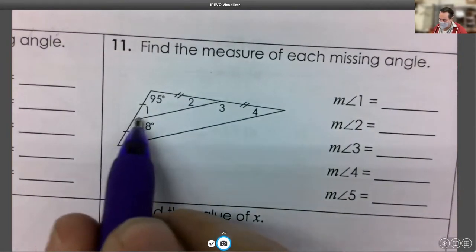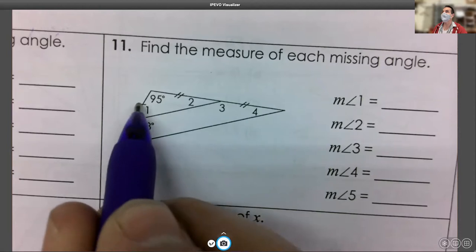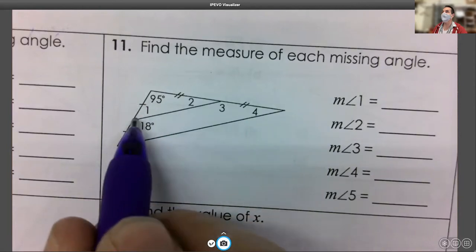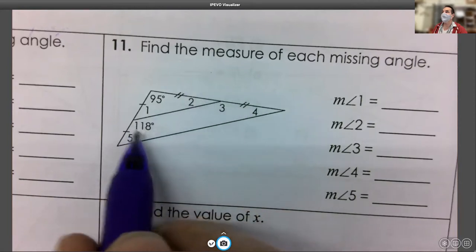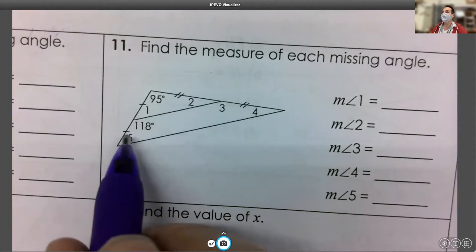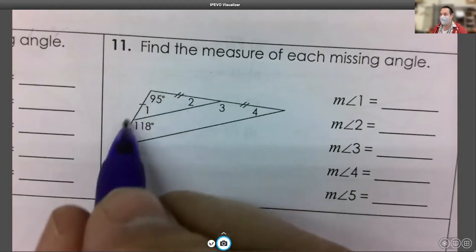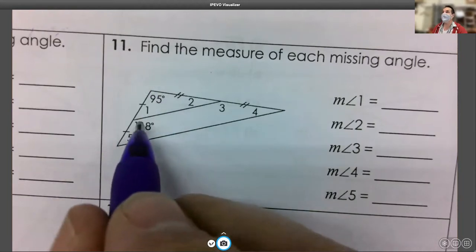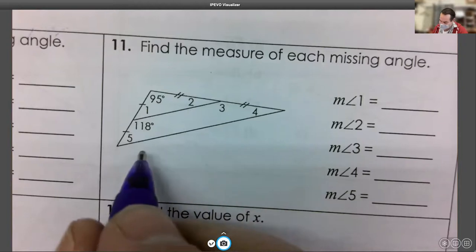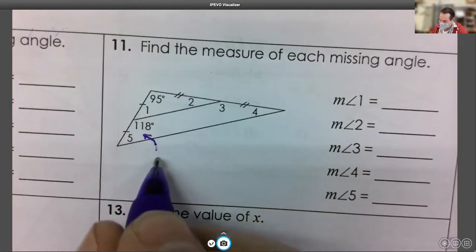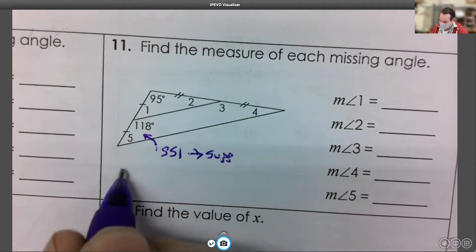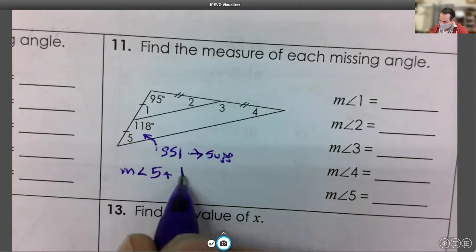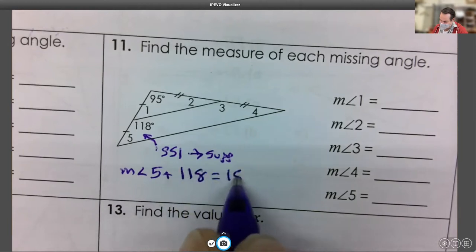If in fact this is a midsegment, and it is because it's constructed from the midpoint of this side and the midpoint of this side, then I know that this 118 angle and this angle marked as 5 are known as what kinds of angles? Same side interior. Here's the transversal. There's same side interior. So 5 and 118 have what relationship? Supplementary, which means the measure of angle 5 plus 118 equals 180.